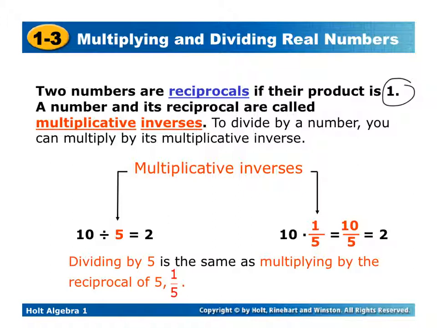To divide by a number, you can multiply by its reciprocal or multiplicative inverse. Okay, so for example here, 10 divided by 5 is 2, the same thing as taking 10 times 1/5, which ends up being 10 over 5, which reduces to 2. So dividing by 5 is the same as multiplying by the reciprocal of 5, or 1/5.